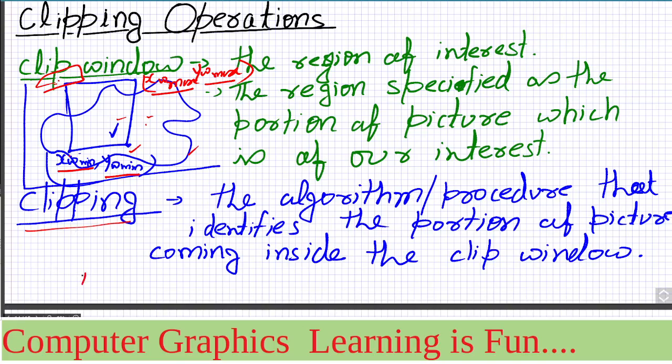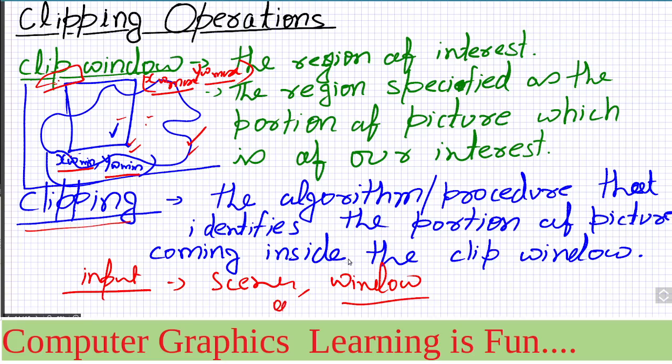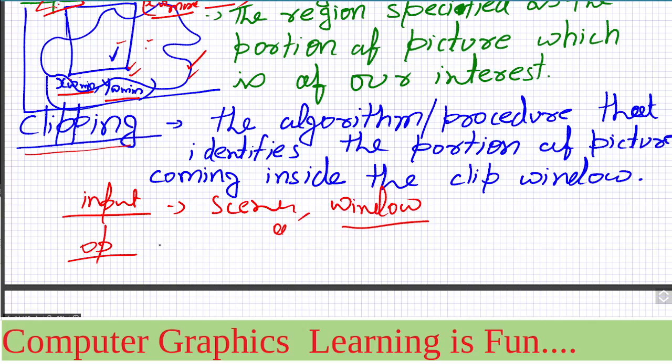If we are talking about what can be the input, the input will be your whole scene as well as the window coordinates. Then this procedure will work and it will produce some output. What do you think the output will be? The output will be whatever is inside this window, right? The portion of your scene which is inside the window.